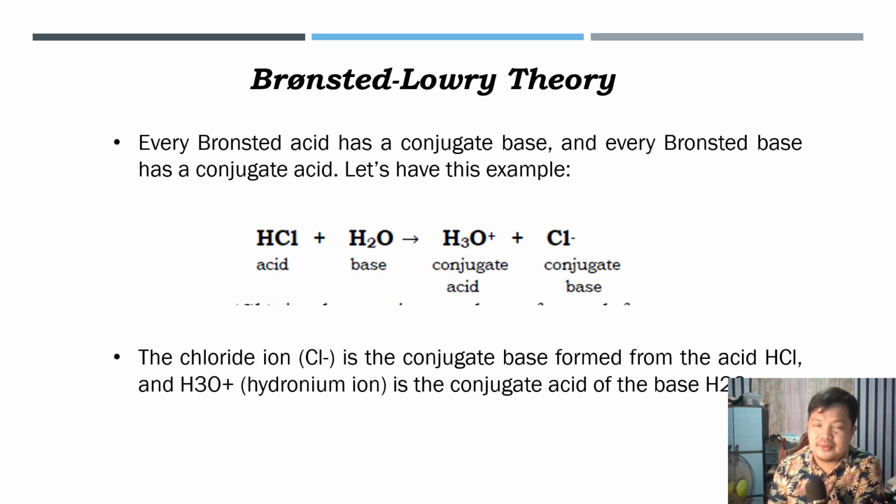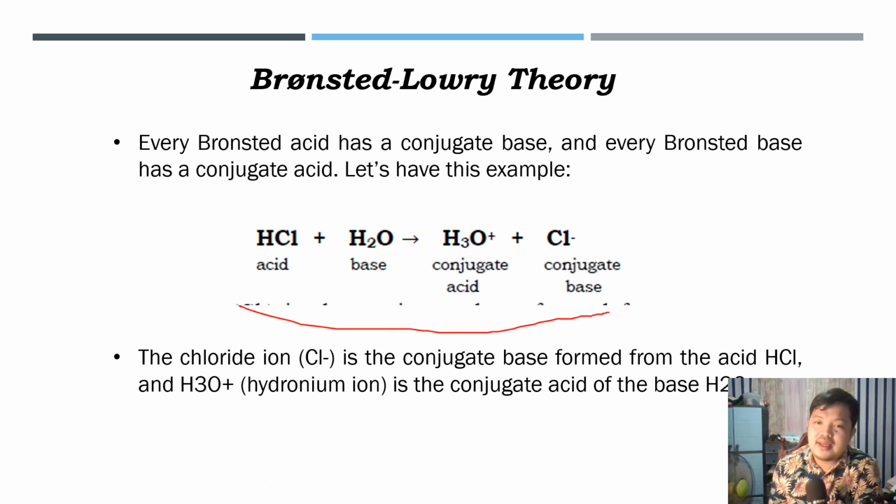Ito yung example. So, every Bronsted acid has a conjugate base. So, ibig sabihin, kung merong Bronsted acid, meron siyang palaging kasunod na conjugate base. And every Bronsted base has a conjugate acid. So, let's try to have this example.